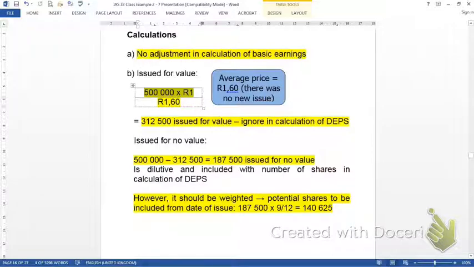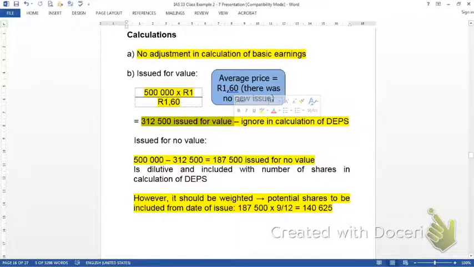Now we divide that by the average price of R1.60 for the fair value, and that will give us 312,500 shares issued for value. So we're not interested in this amount. As we say there, we're going to ignore this for the calculation of diluted earnings per share.